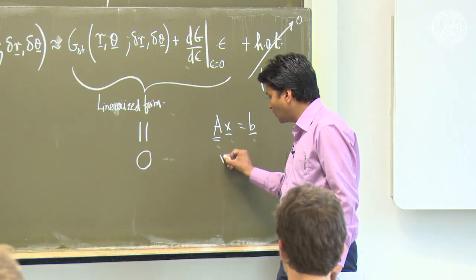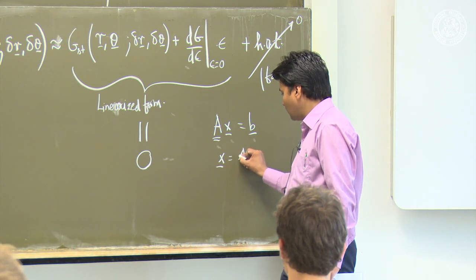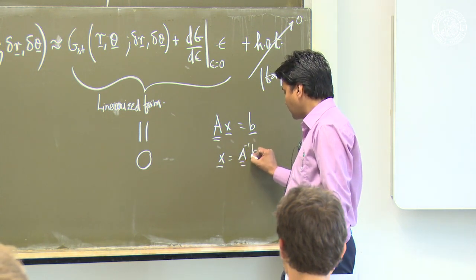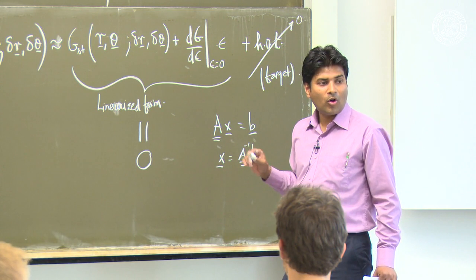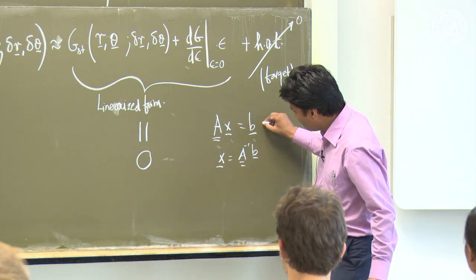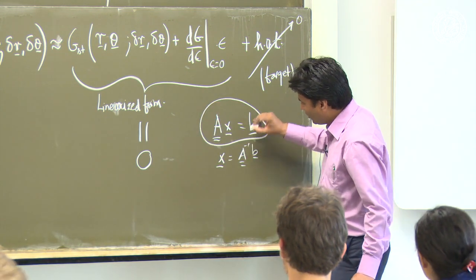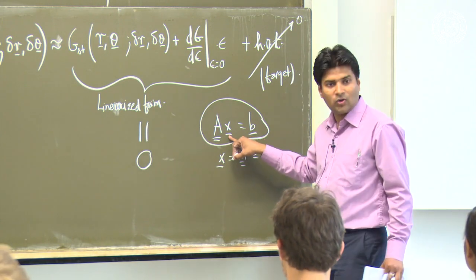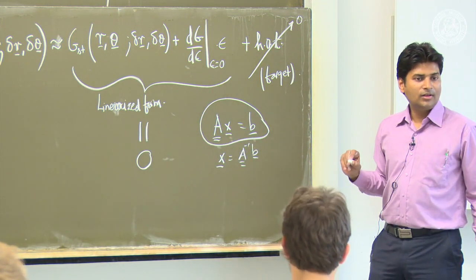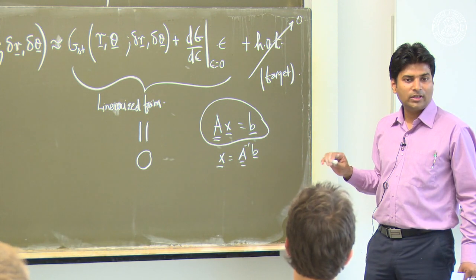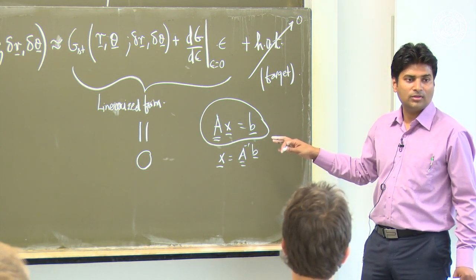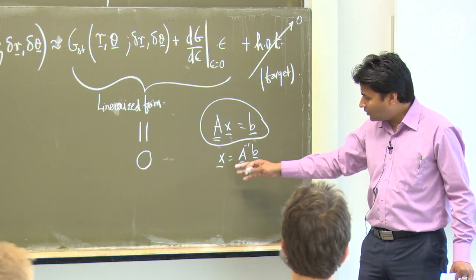Then what is x equal to? That is simply A inverse b, right. So, we all know how to solve. This is a linear equation, because it is linear in the unknown x. So, there is a definite way to solve linear equations, x equal to A inverse b.